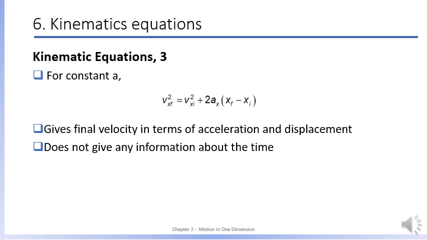So the final velocity squared equals the initial velocity squared plus 2ax, ax the acceleration, times the displacement xf minus xi. In this equation, we don't have any information about time.